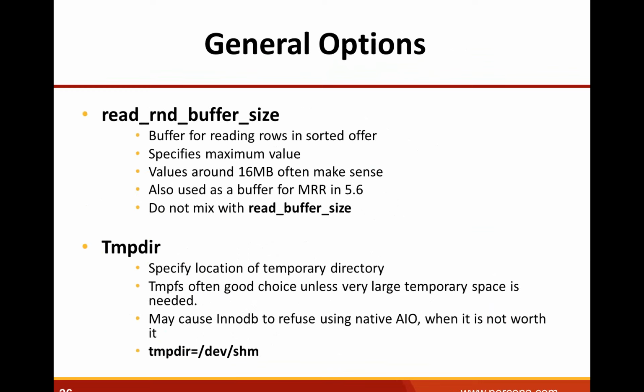We spoke about temporary tables, and that in some cases we'll always get temporary tables created on disk. There are also other sort temporary space needs MySQL has, such as creating temporary sort files. And in some cases, you may see a bottleneck, which you can address by placing those on an unconventional file system, because MySQL will be spending way too much time flushing data to disk which is only going to be discarded very soon.